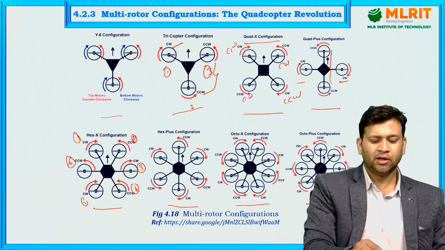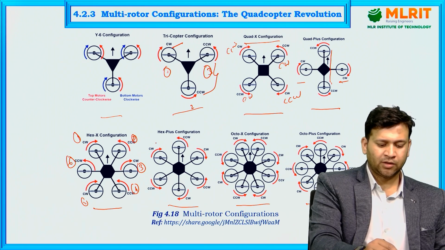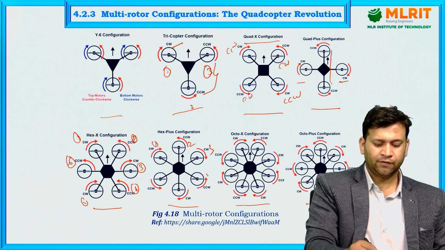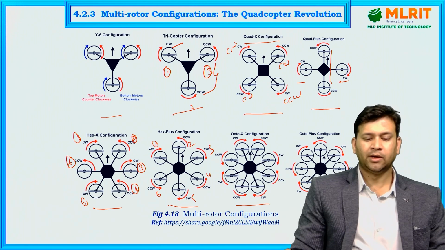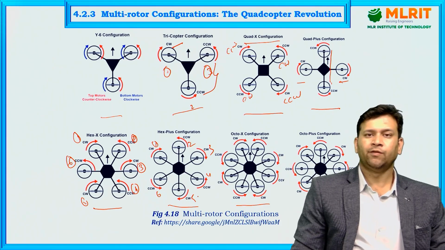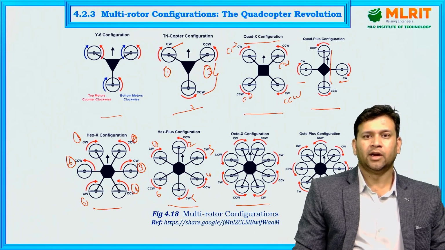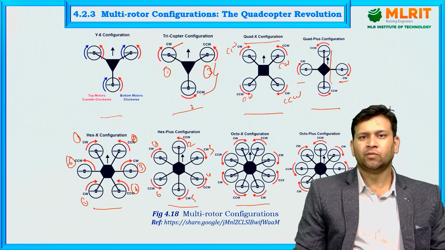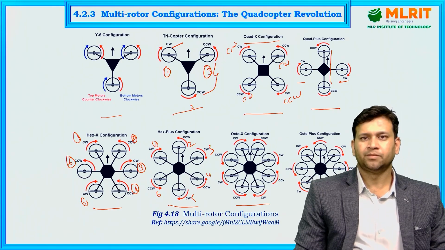Same thing comes with the plus configuration. We have rotor 1, 2, 3, 4, 5, 6. Same here: 1, 3 and 5 will be moving in clockwise direction and 2, 4, 6 will be rotating in counterclockwise direction to balance the torque which is formed.